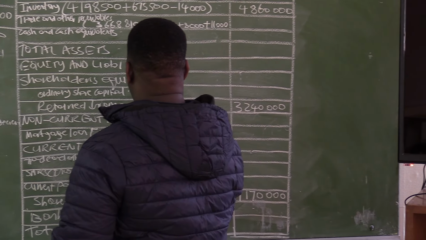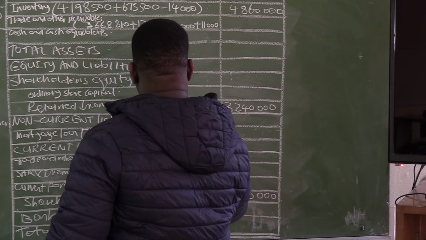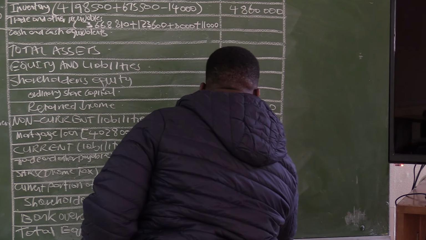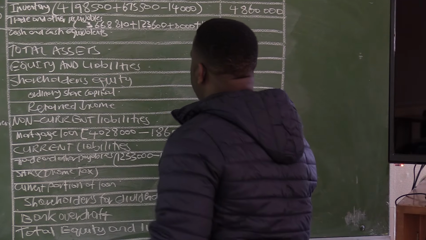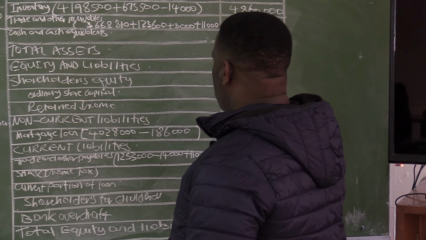So there's 4,028,000 minus 186,000, and this 186,000 will be regarded as the current portion of the loan.